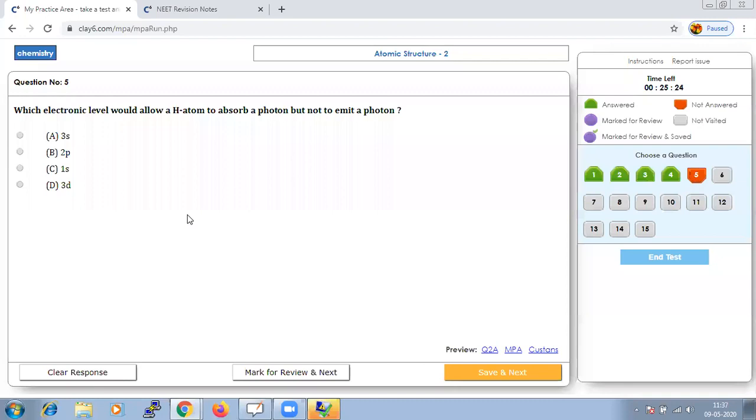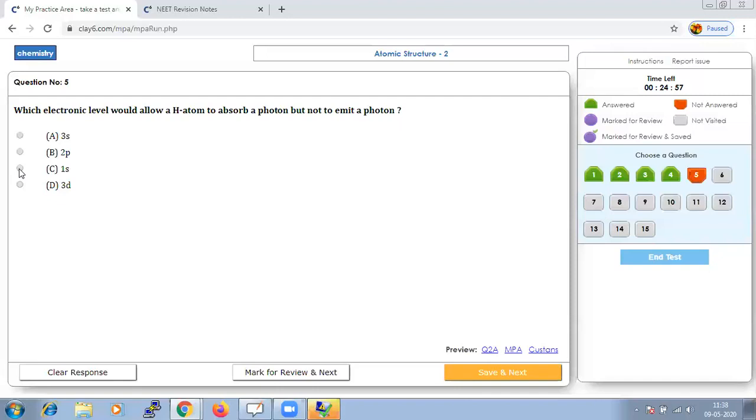If I talk about the ground state, that is level 1, the H atom will have the tendency to absorb the photon. But since it is at the ground level, it cannot emit a photon. It can reach a higher level by absorbing a photon, but there is no lower level, so it cannot emit. So immediately you can conclude that it is 1s.